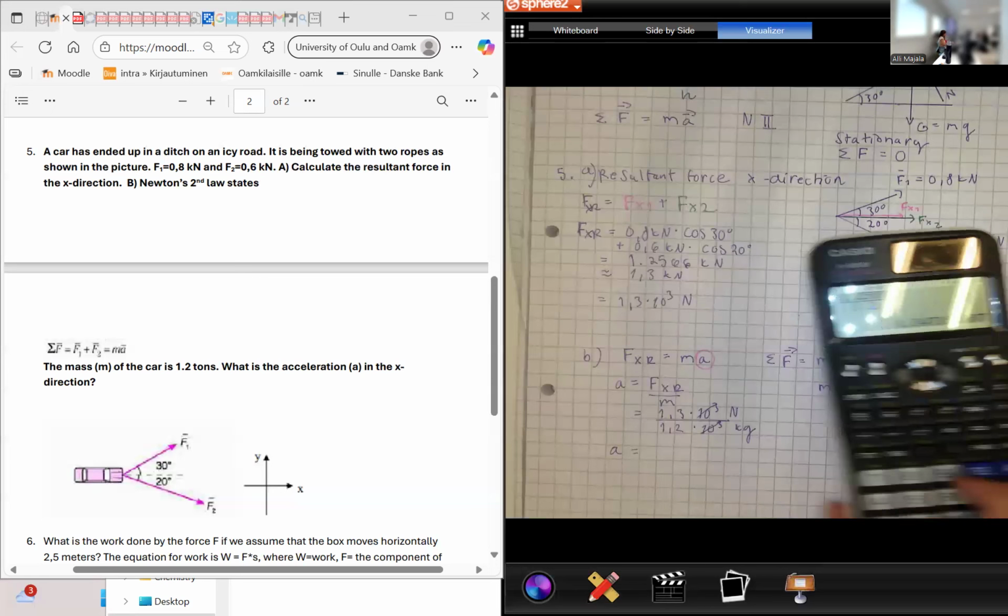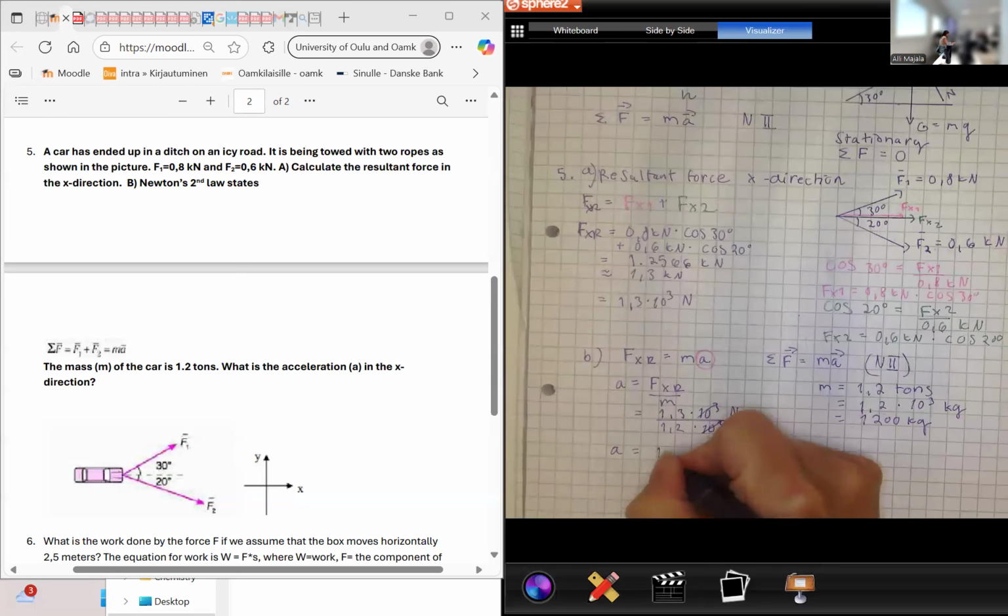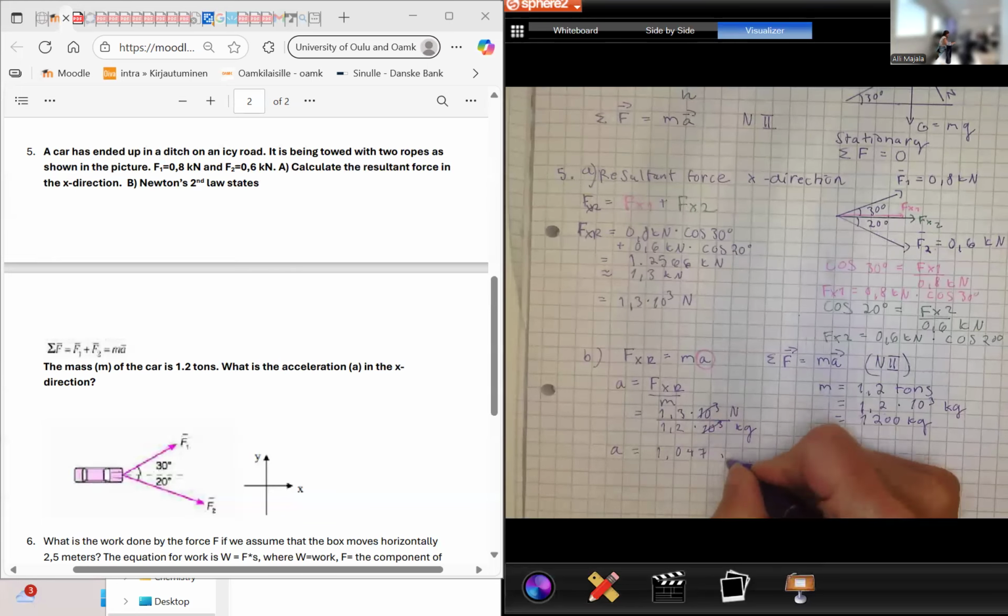Yeah. 0.047 squared, which is, well, 1.0 maybe.